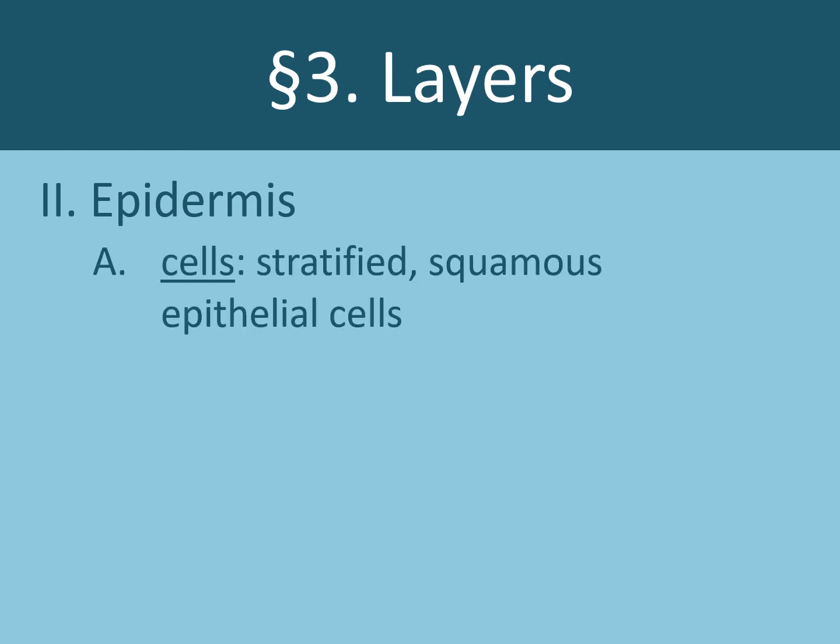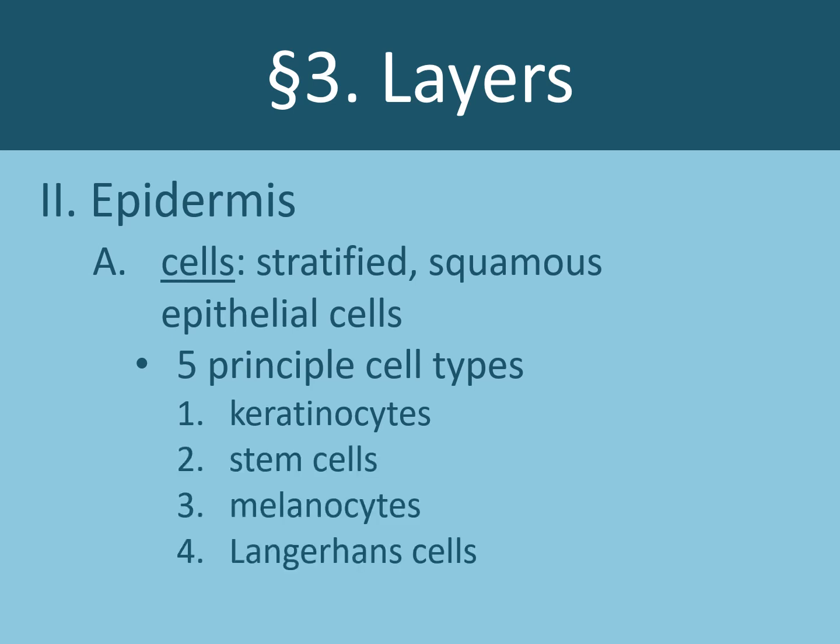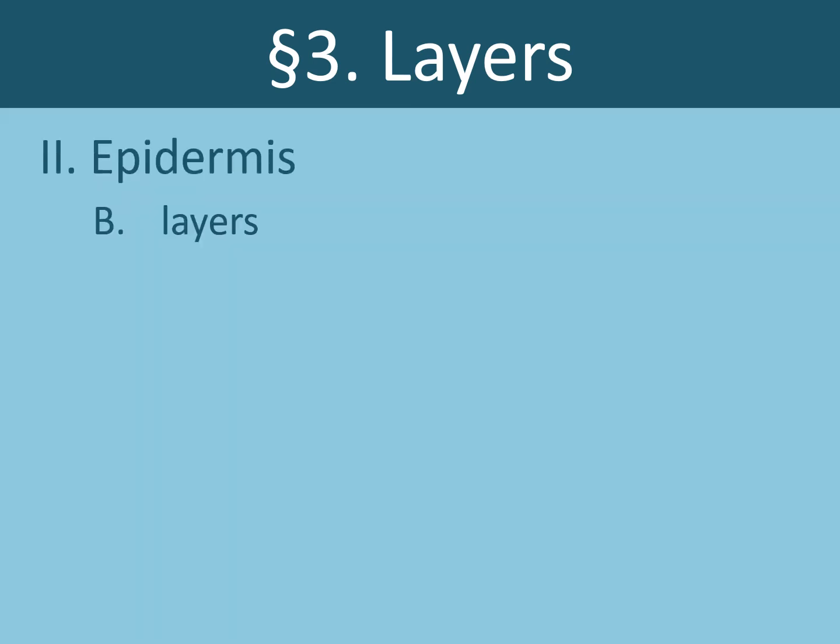The epidermis is composed of stratified squamous epithelial cells and includes five principal cell types, including the keratinocytes, stem cells, melanocytes, Langerhans cells, and tactile or Merkel cells. The epidermis is subdivided into several layers.